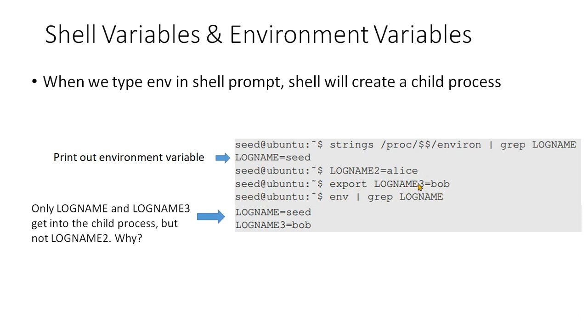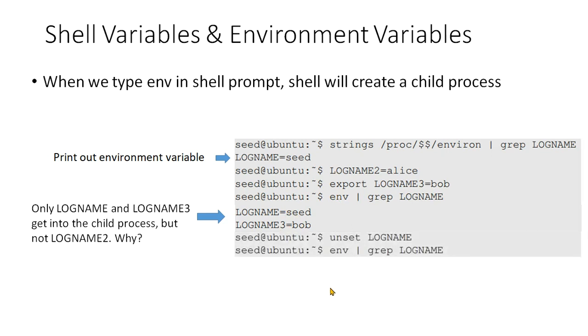That means it becomes globally publicly available, so this one will be inherited by the child process. That's why when we run a child process, we only see log name Sid and log name Bob. Log name 3 is Bob. Log name 2 is kept private for the parent process. It's not exported, so we'll only see these 2.